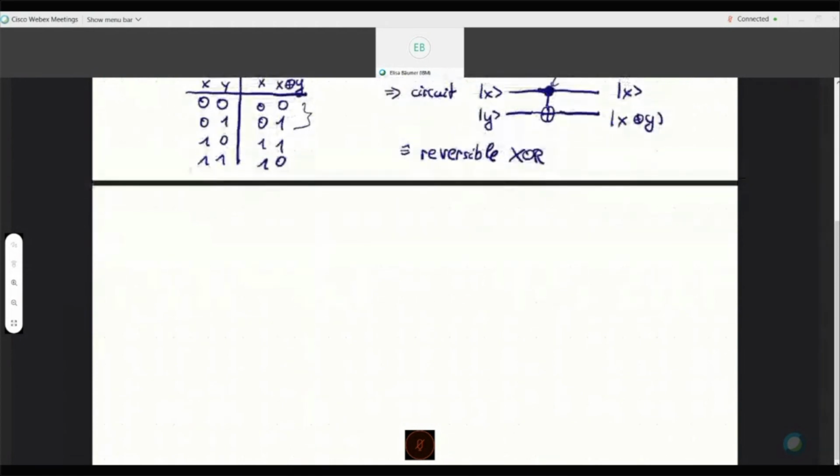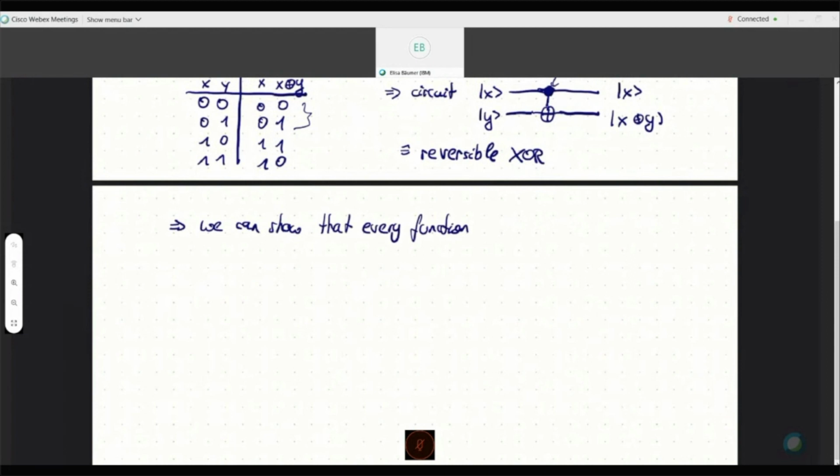But yeah, so what one can show is that every function f can be described by a reversible circuit. So whenever I ask you to compute something, if it's a classical computation that is irreversible, I can always compute the same thing and make it a reversible circuit, so that you get additional outputs so that we can in the end recover the input.